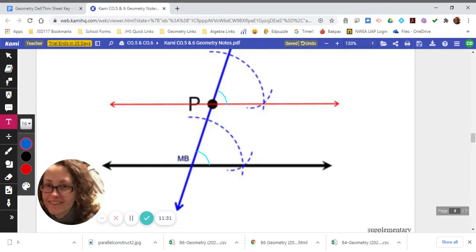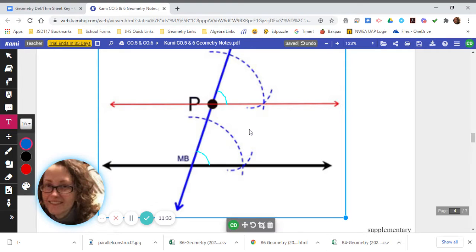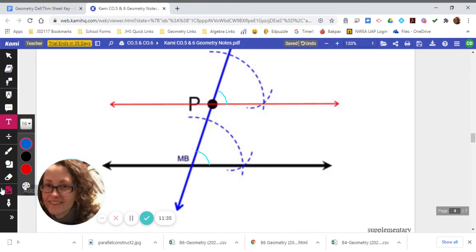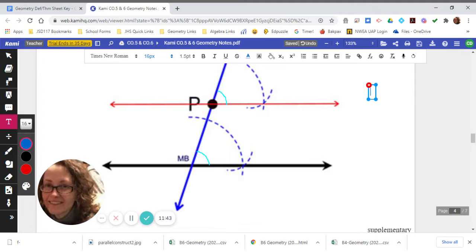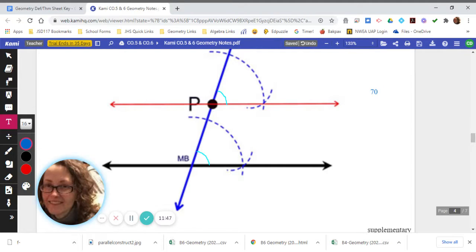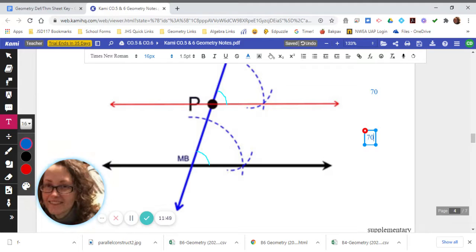And from the construction that I have on my paper, again, not necessarily the picture that I put here for this video, but the one that I did on my paper, the two angles in that position had a measure of 70 degrees.